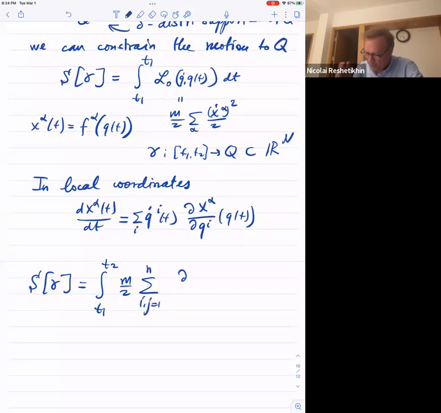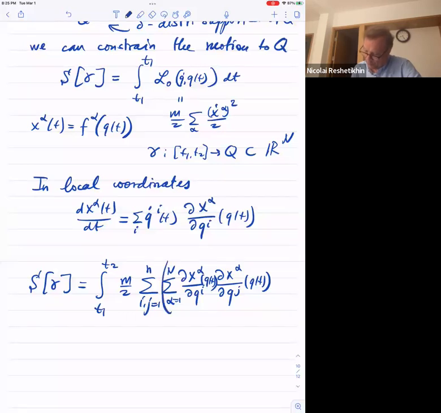And again, I'm emphasizing that these are local coordinates. It's very convenient to use local coordinates, but if you don't like local coordinates, you can always write it in a coordinate-free way, but it will be messy from my point of view. So dx^alpha/dq^i dx^alpha/dq^j. Of course, this all depends on q(t).